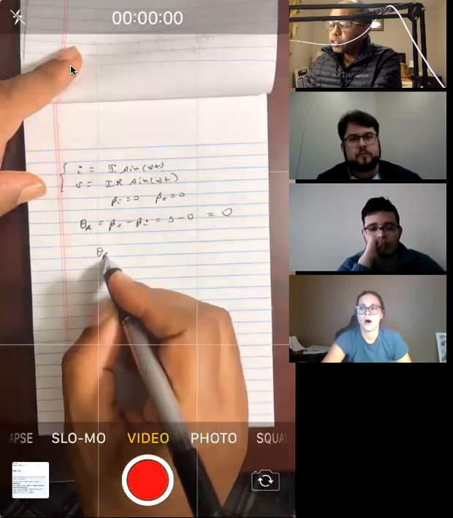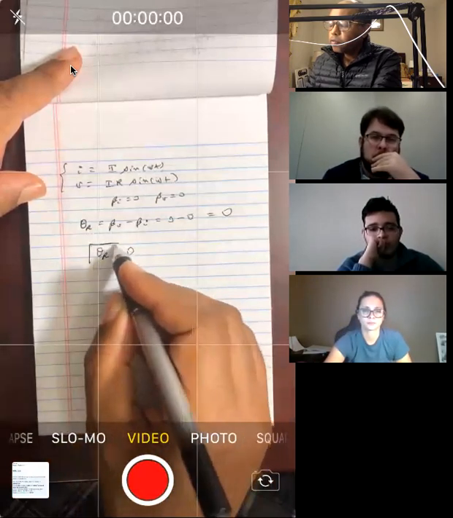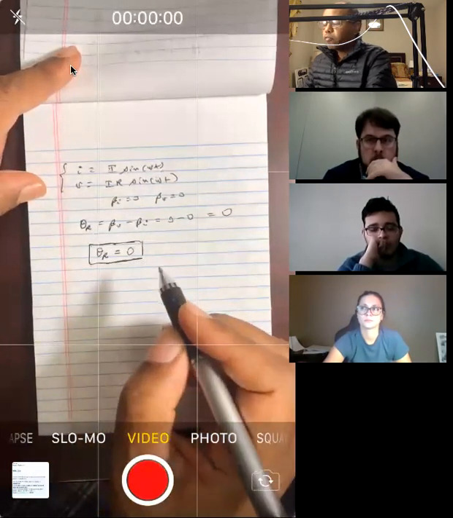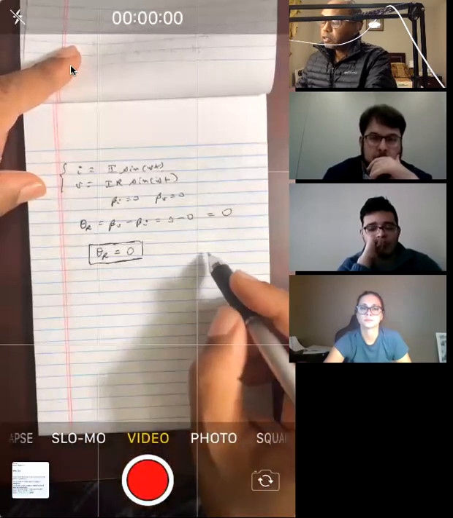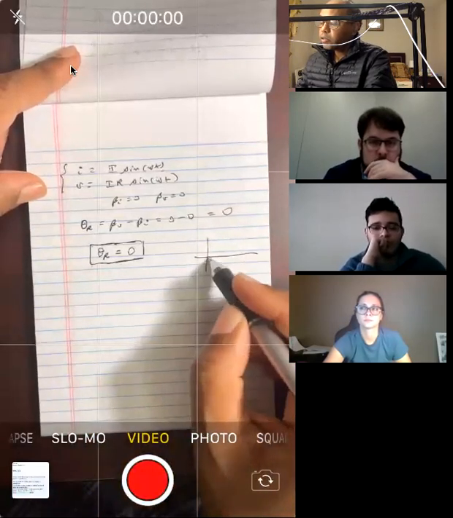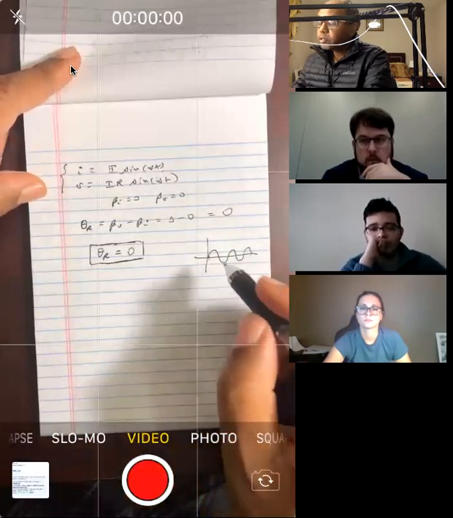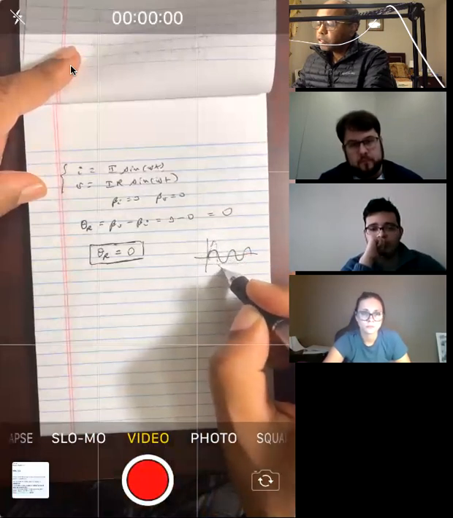The phase shift between voltage and current for a resistor is 0, which means they are in phase. Let's say this is the current, it goes like this. The voltage might have the same amplitude, but it reaches maximum and minimum at the same time, like this.